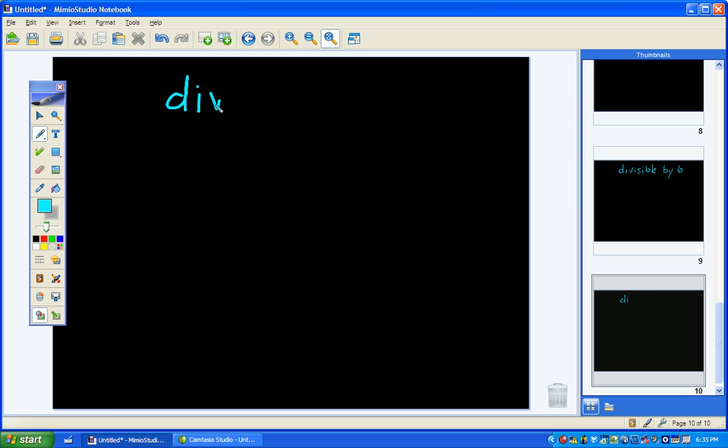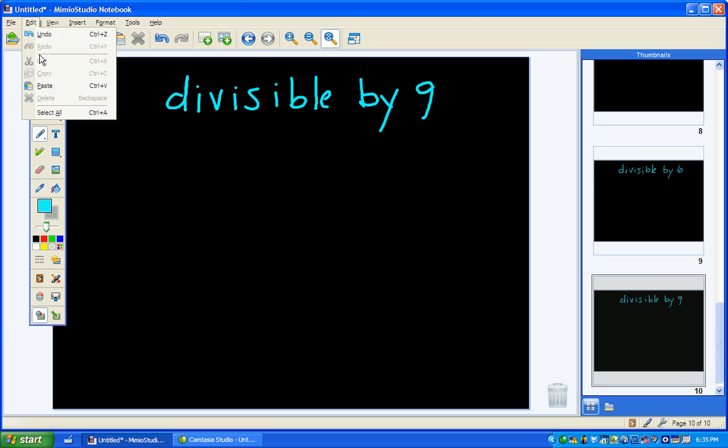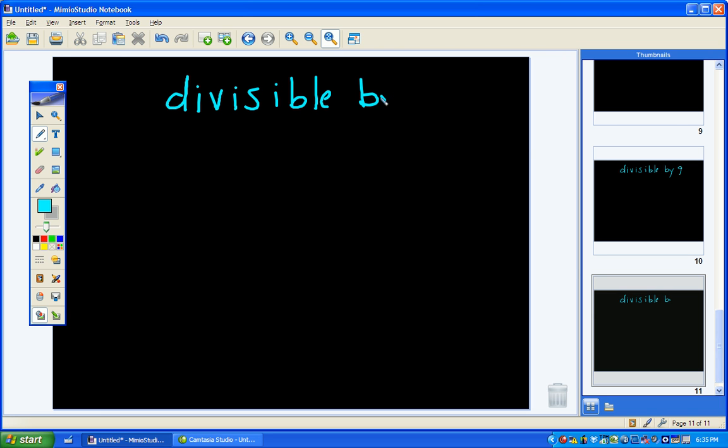The next tab, divisible by 9. And on the very last tab, which is the 8th tab, divisible by 10. So first tab all the way down to 8th tab should have something on the front.